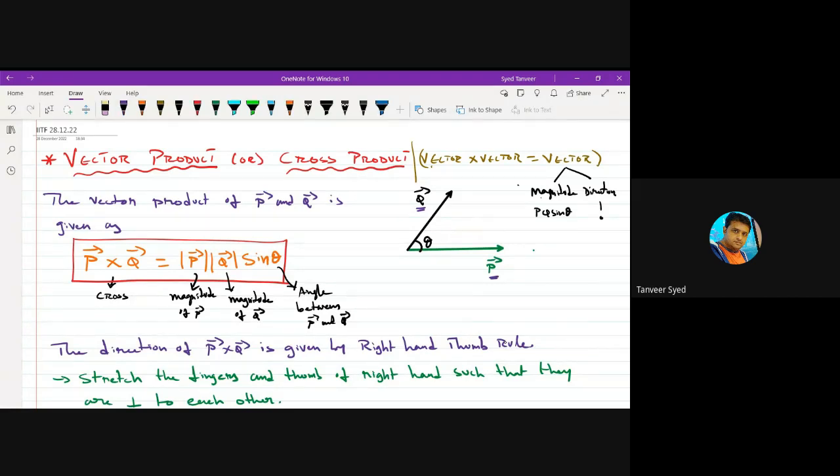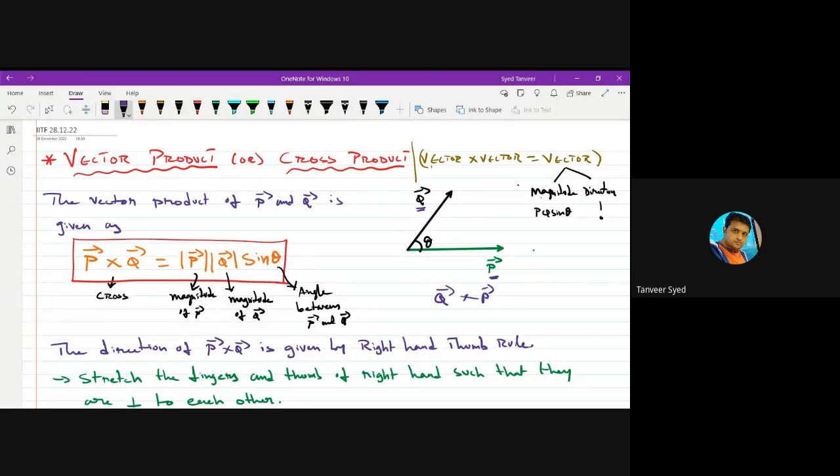Okay. If I do Q cross P, the rule says you should put fingers along the first vector, then bend them towards the second vector. Now we want to do Q cross P. So Q is the first vector, P is the second vector.